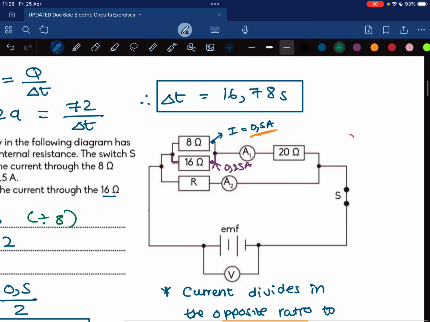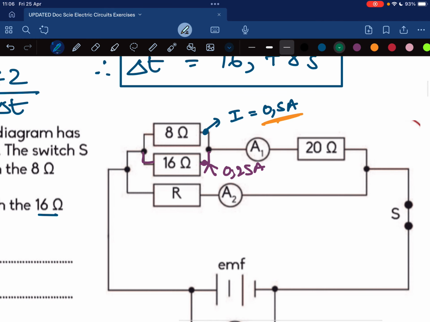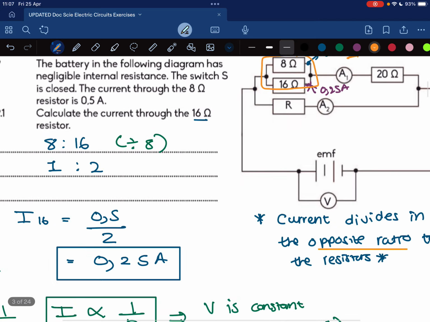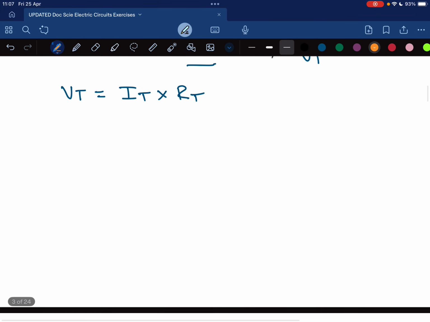Let me erase some stuff quickly. This part here I'm going to call 1, and I'm going to calculate that. The parallel component is 1 over 8 plus 1 over 16, to the power of negative 1. If I calculate that, I get 5.33 ohms.